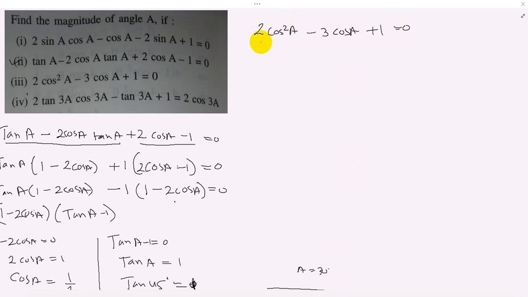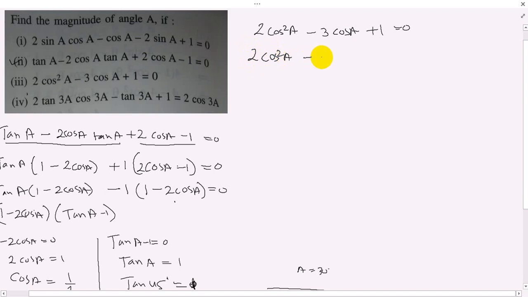So we can write this as 2 cos square A minus cos A minus 2 cos A plus 1. Why have we done this? Because it is cos square A, so we take 1. That's why we have split this into 2. What is common here and here?